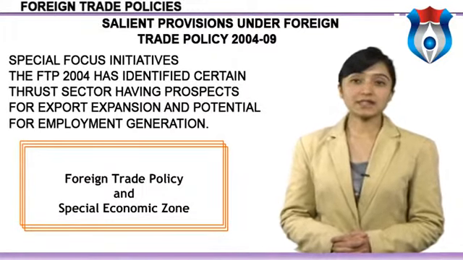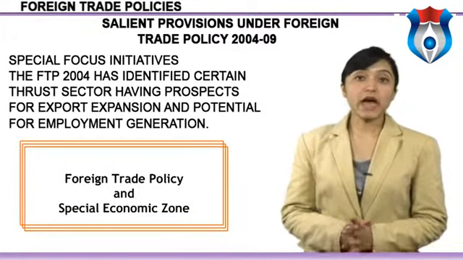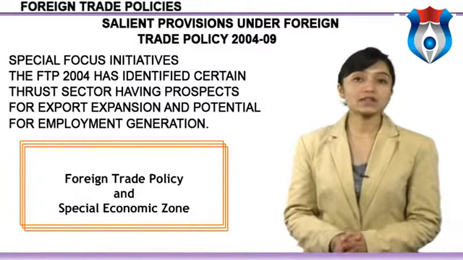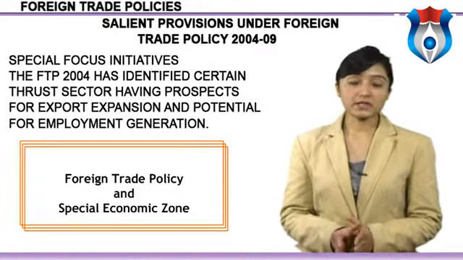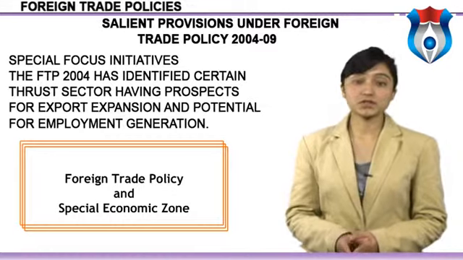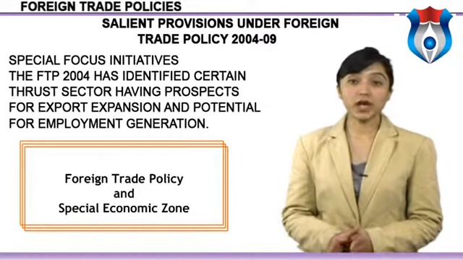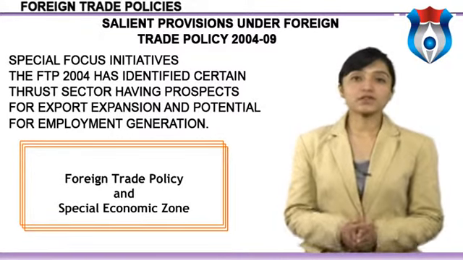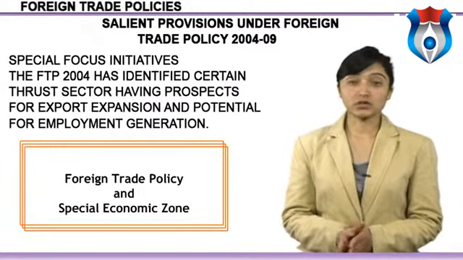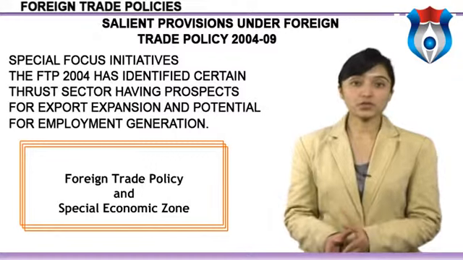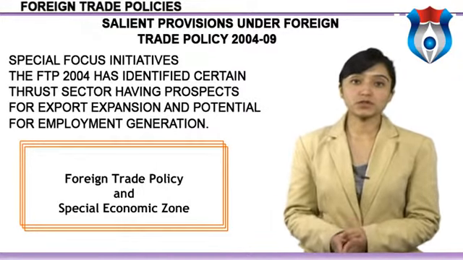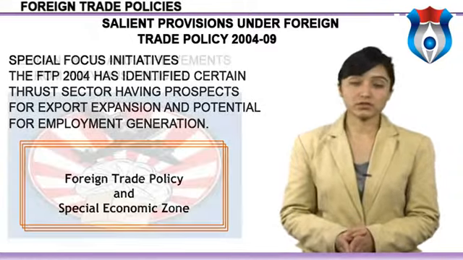These thrust sectors include agriculture, handlooms and handicrafts, gems and jewelry and leather and footwear sectors. Sector-specific policy initiatives for the thrust sectors include, for the agriculture sector, introduction of a new scheme called VISHESH KRISHI UPAJ YOJANA to boost exports of fruit, vegetables, flowers, minor forest produce and their value-added products.